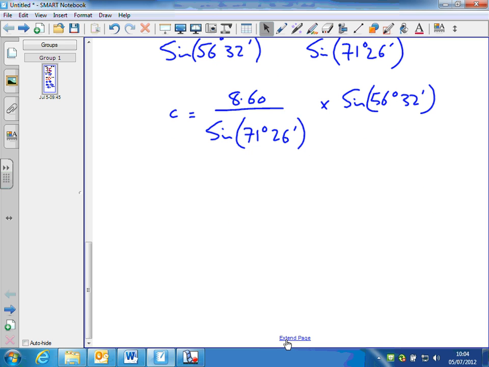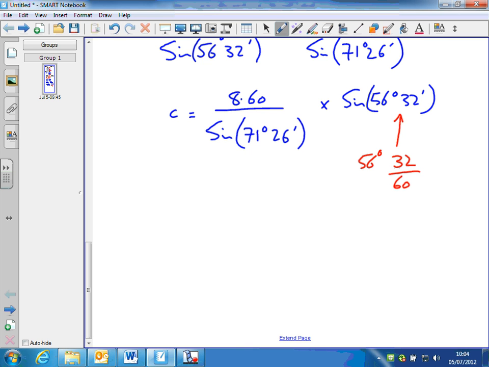One issue that's going to come out of this is 71 degrees 26 minutes. How am I going to enter that into the calculator? Well, some calculators allow you to enter minutes and even seconds, which are 60ths of a minute. But what I would do at this point is convert each of these to decimals. So 56 degrees, 32 minutes. 32 minutes is 60ths of a degree, so it's 32 over 60 of a degree.